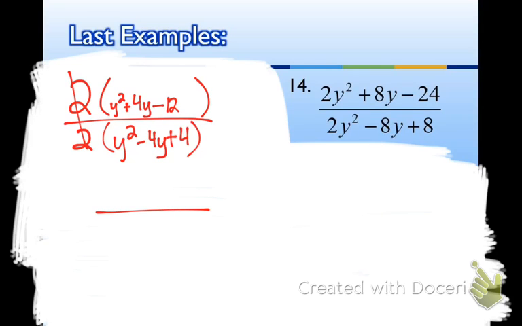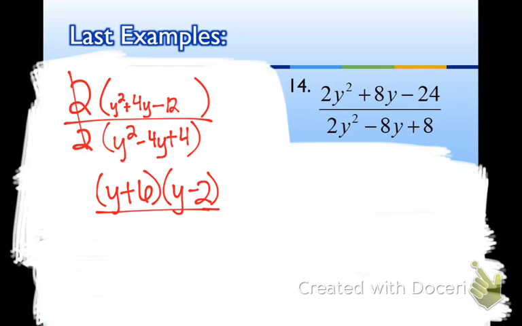So in our numerator, can we factor y squared plus 4y minus 12? Yes. What does it factor into? Y plus 6, y minus 2. Good. Now that we got the GCF of a 2 out of there, we don't have to worry about doing bottoms up or bubbles or anything like that. In the denominator, will that factor?